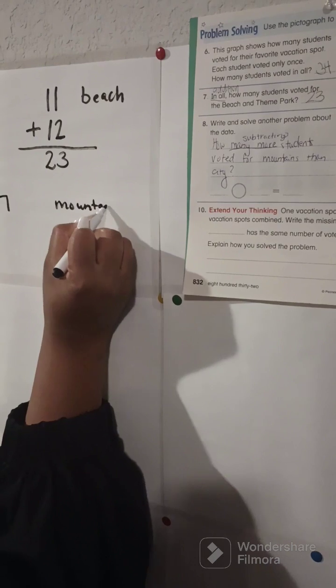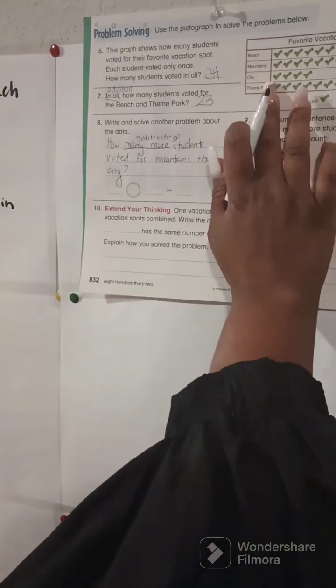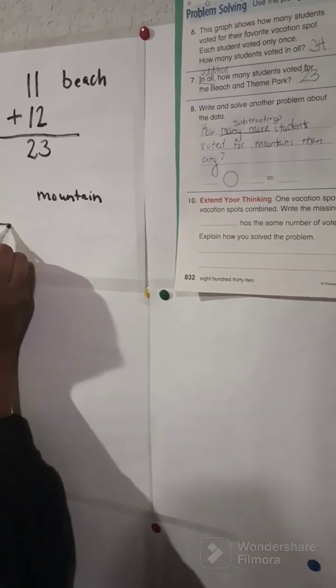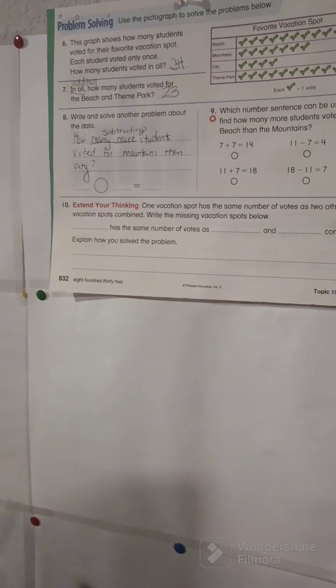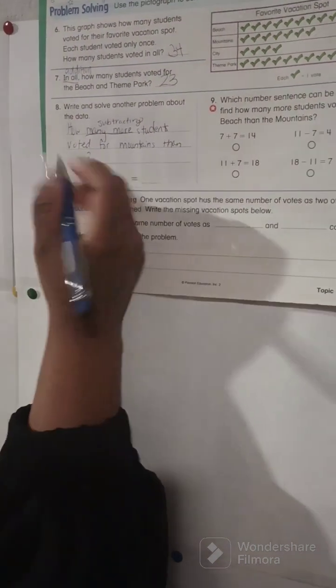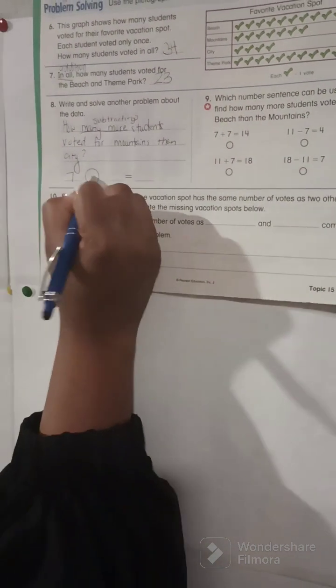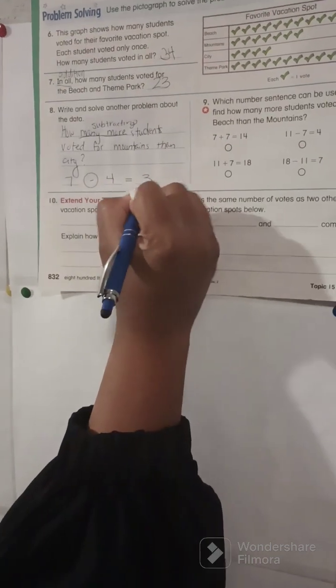And I just like to label it so you guys can get a good visual of which number it's representing. Then I have city there, which is 4. So 7 minus 4 is 3. So I will plug in my subtraction sentence here. 7 minus 4 equals 3.